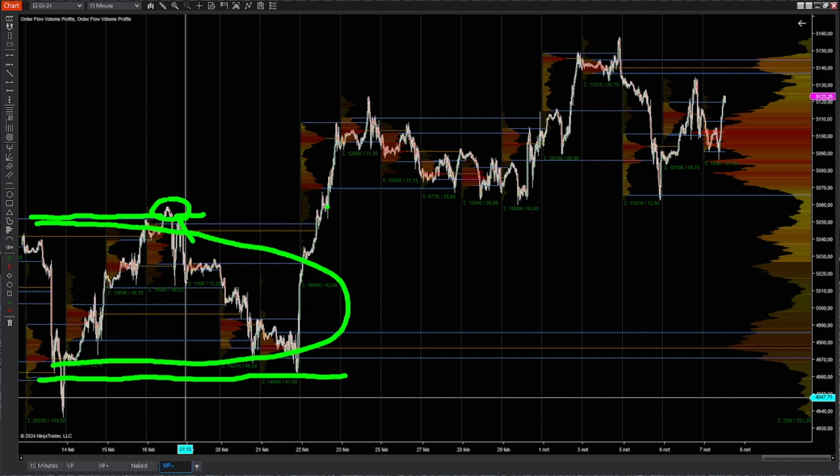After we shoot up, we make a new value area right here, extend the value area, shoot up, same little volume node right here. We go down and we stay pretty much inside this value area this entire time. So if we look at the volume profile as a value distribution, it can help us understand the market's current structure, anticipate future movements, and align our strategies with areas of interest.